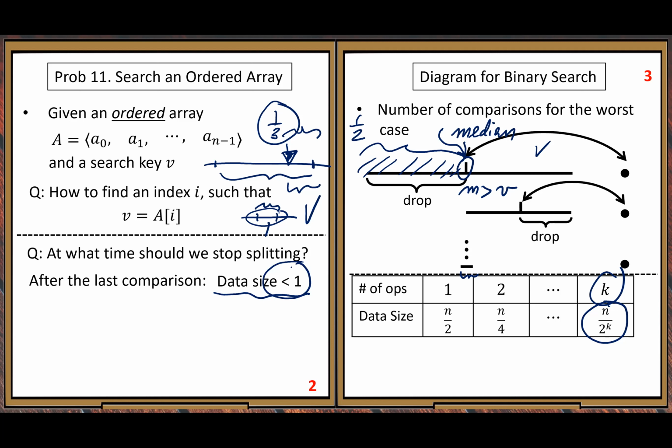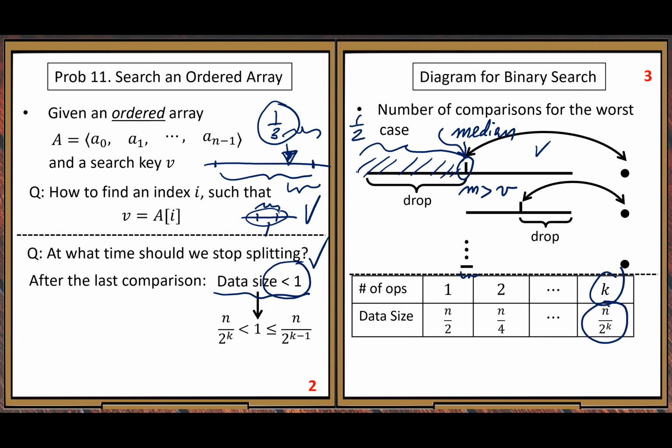If one element left, that means we do not need to do further splitting. Only one element. There is no sense to do another splitting, right? So this condition tells us that is the condition for our last comparison.